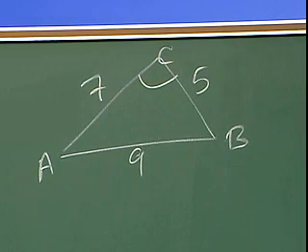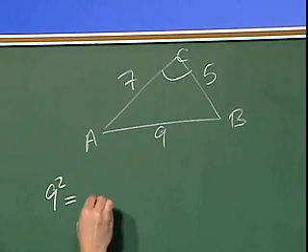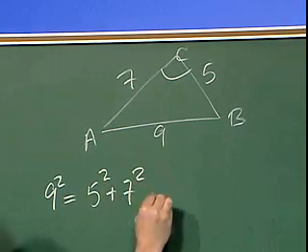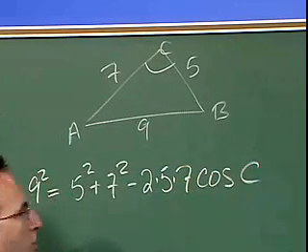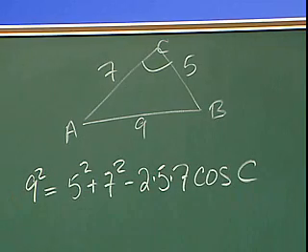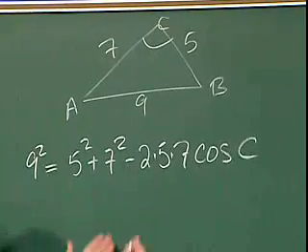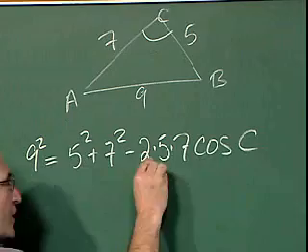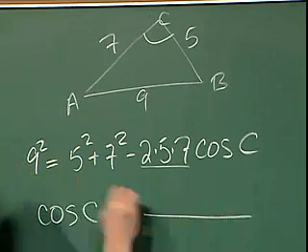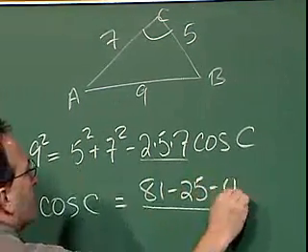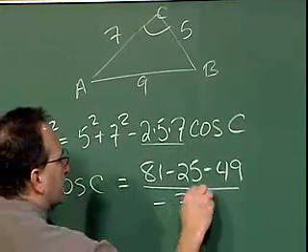So to find angle C, we would set up 9 squared equals 5 squared plus 7 squared minus 2 times 5 times 7 times the cosine of angle C, which then means I need to subtract these squares from here and then divide by the coefficient of cosine C. So what that would look like would be cosine C is equal to 81 minus 25 minus 49, all divided by negative 70.